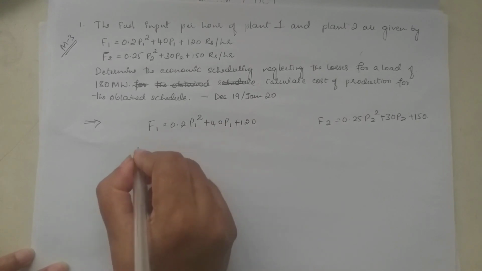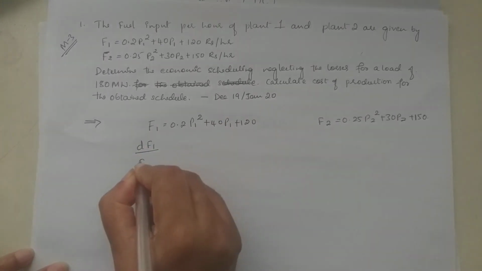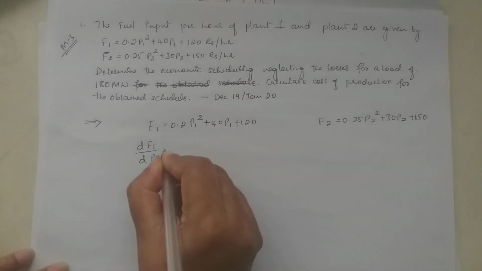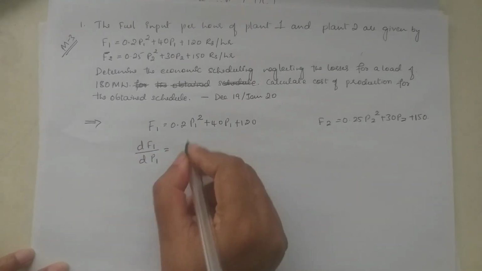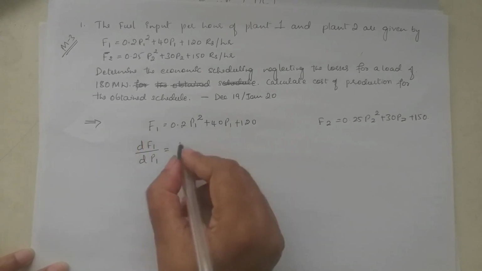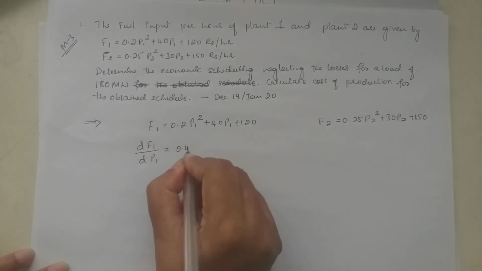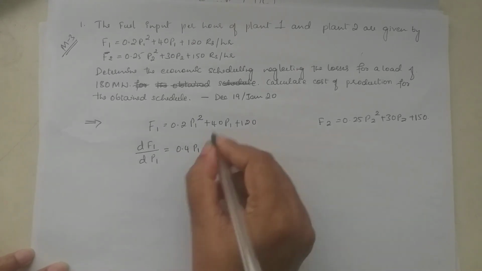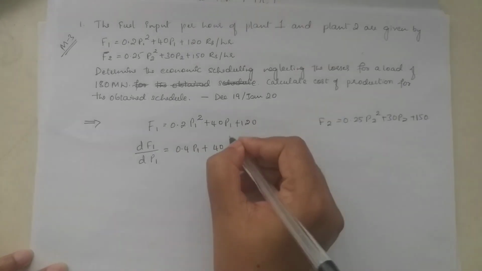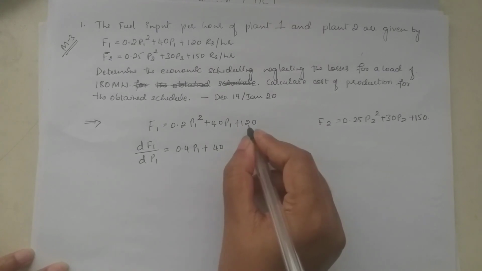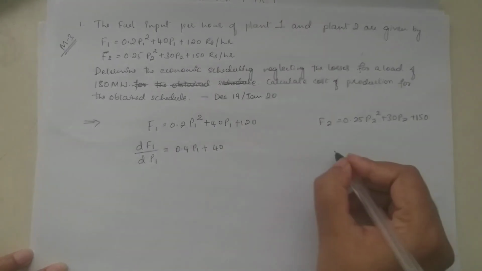So the incremental cost dF1 divided by dP1 can be obtained by differentiating F1 with respect to P1. By differentiating F1 we get 2 into 0.2, it would be 0.4 P1 plus 40. Differentiation of P1 would be 1 and differentiation of a constant is 0.